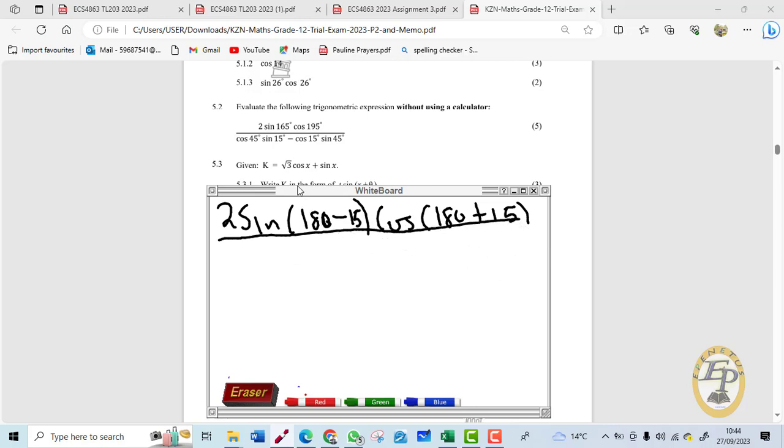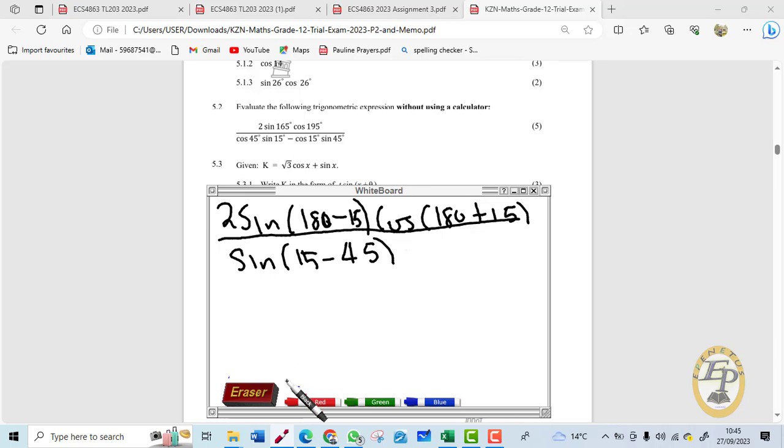Okay, then cos 45 sine 15 minus cos 15 sine 45 in the denominator. Now this is an identity for sine, so it's going to be sine of 15 minus 45.